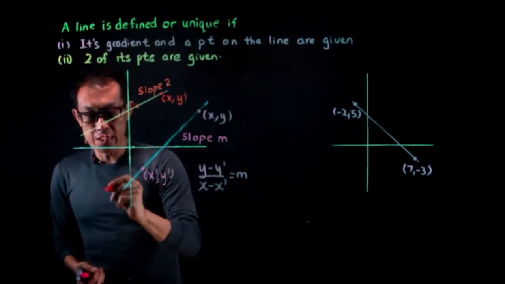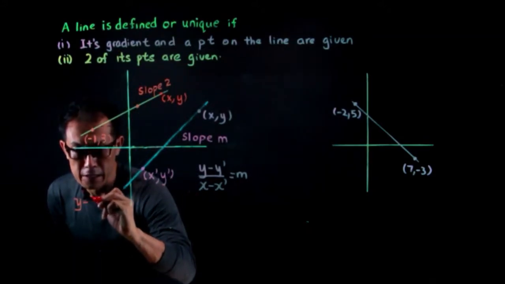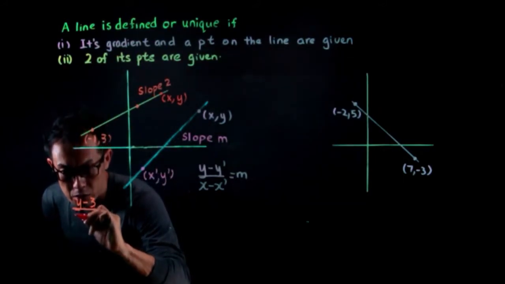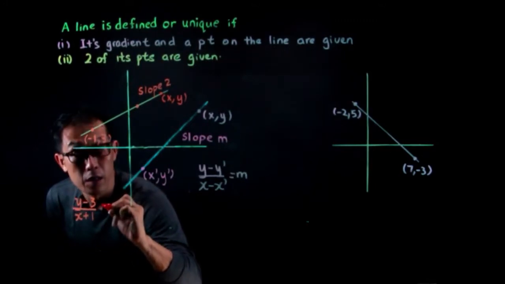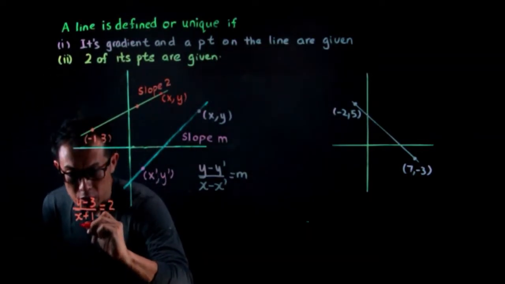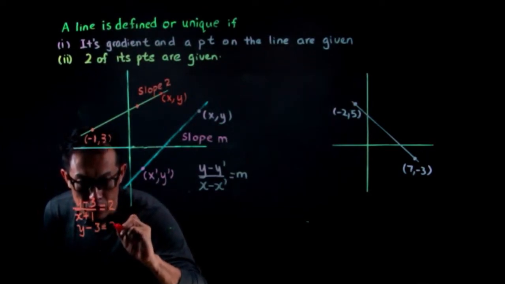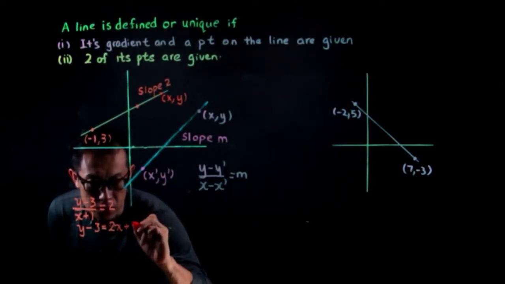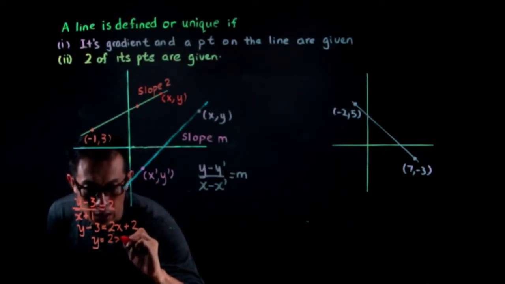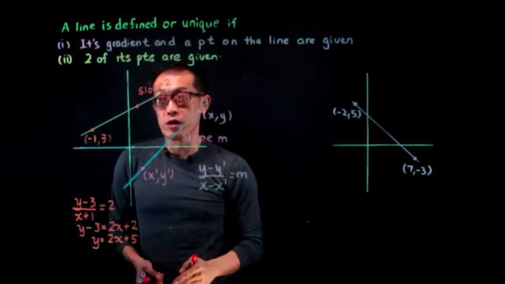Now, the equation of this line can be written as y minus 3 over x minus minus 1, so you will have x plus 1, equals 2, because the gradient is 2. Then you cross multiply, so y minus 3 equals 2x plus 2. And then y equals 2x plus 5. Now, this is the equation of this line.